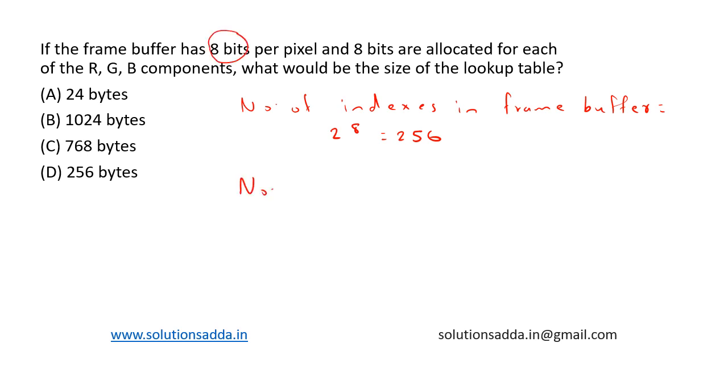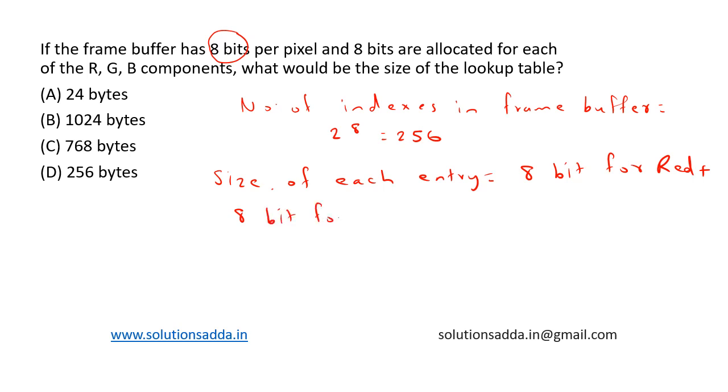Now the size of each entry is equal to 8 bits for red plus 8 bits for green plus 8 bits for blue.